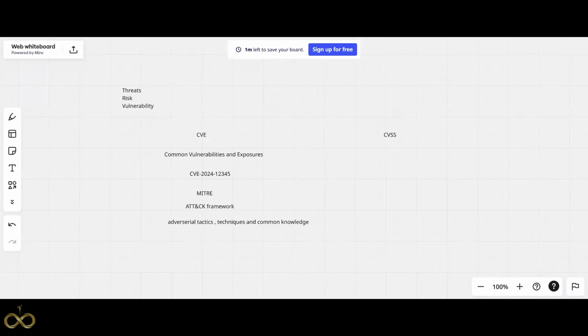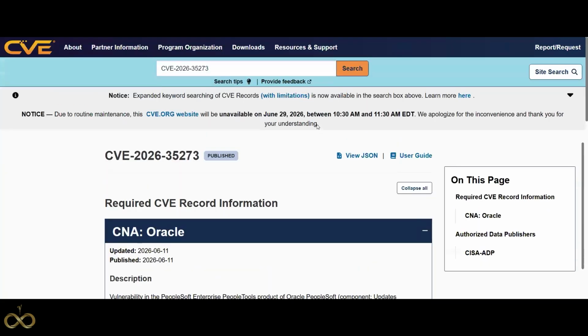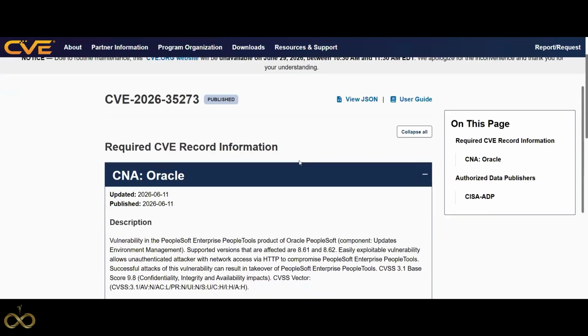You'll get a search panel, right? Just paste that CVE and search it. Have a look.